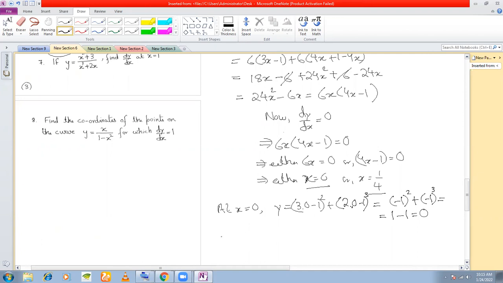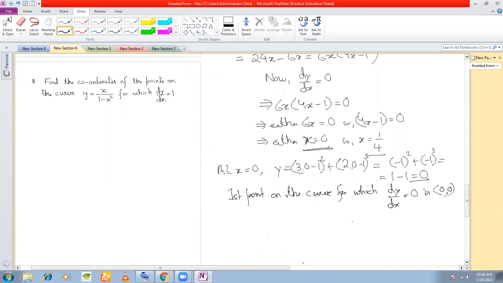So let's say the first point on the curve for which dy/dx is equal to 0 is x is equal to 0 and y is equal to 0.